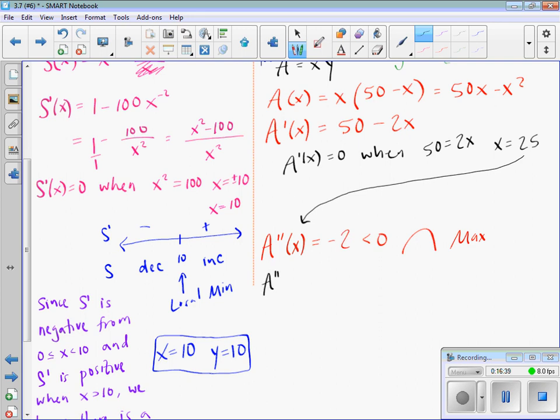If I find the second derivative at 25, it's negative 2, obviously. But if it was a function with an x here, you just find what it is. It's less than 0, so you can say it's concave down. There's going to be a max at that spot. So there's a max at x equals 25. Sometimes the second derivative test is just way quicker than doing the number line and writing all of this.